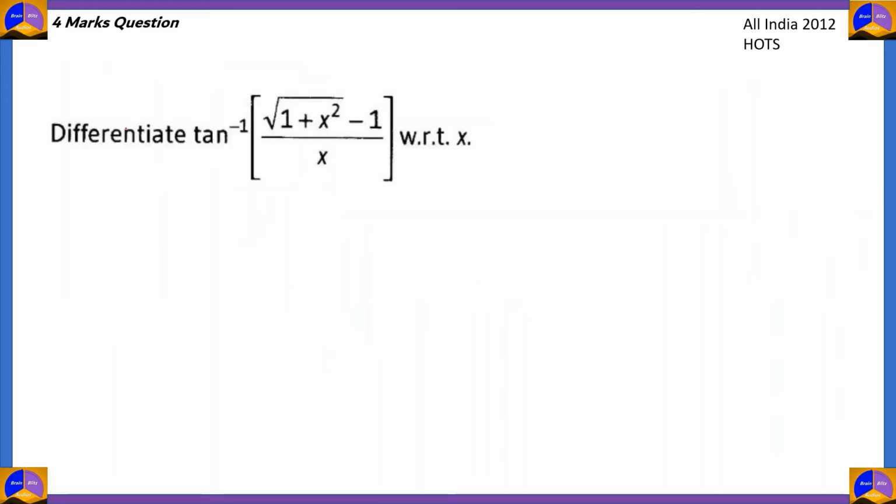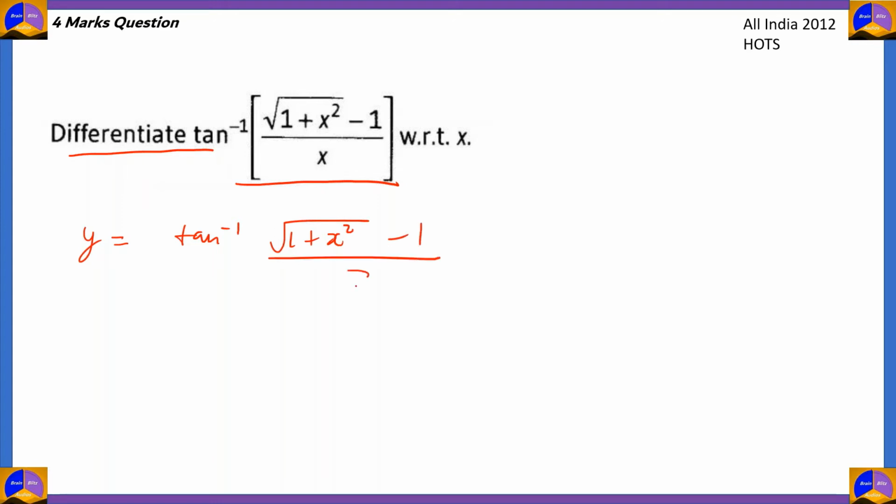Now, our next question. Differentiate tan inverse of (root of (1 plus x squared) minus 1) divided by x with respect to x. This is a pretty straightforward question. So we will consider y as tan inverse of (root of (1 plus x squared) minus 1), the whole divided by x, and we keep that in a bracket.